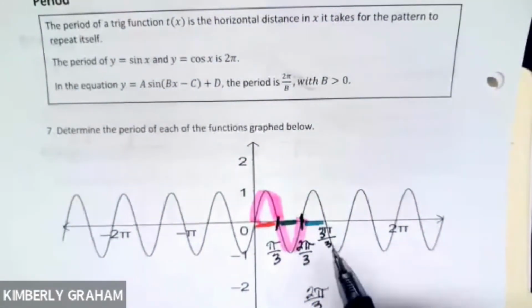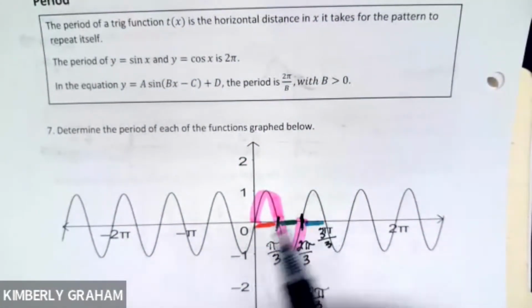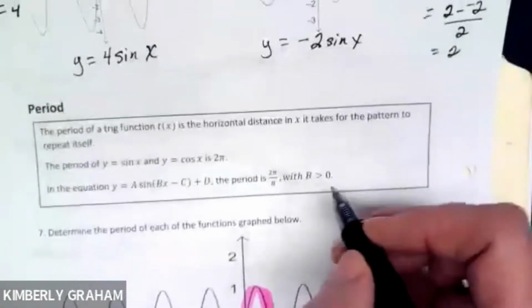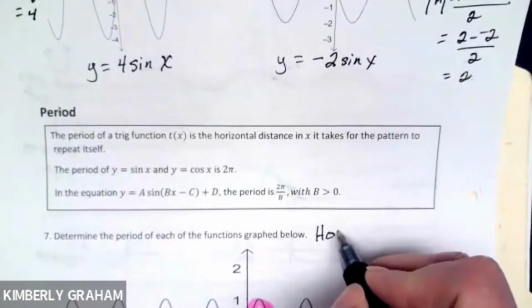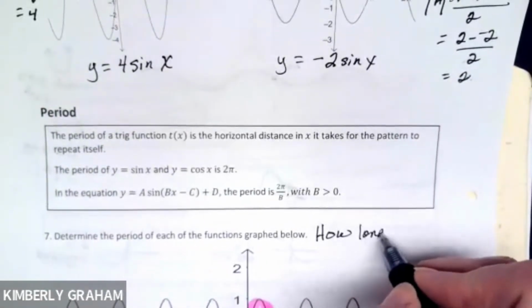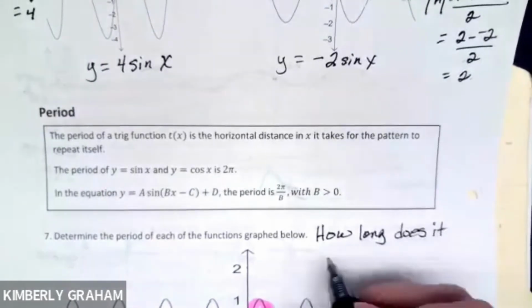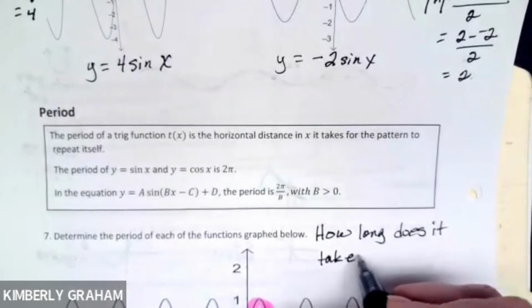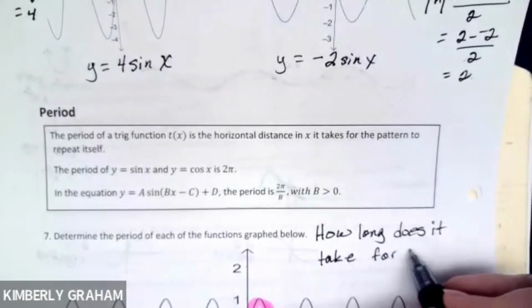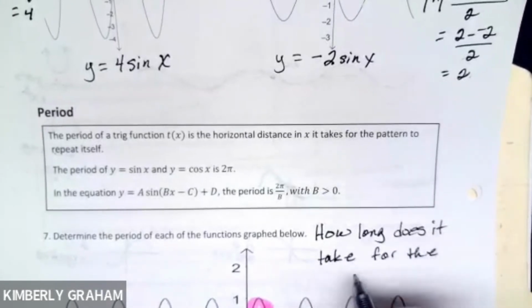Okay, so let me go back up here. Determining the period of each of these functions. Basically, what I'm figuring out is how long does it take for the graph to start repeating.